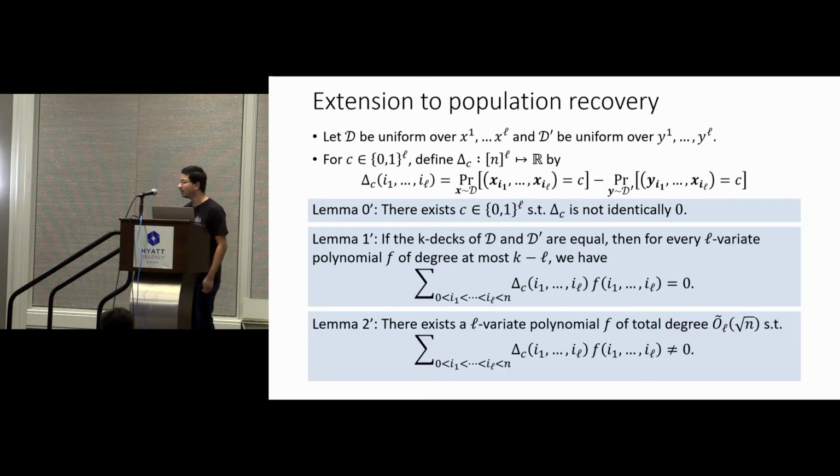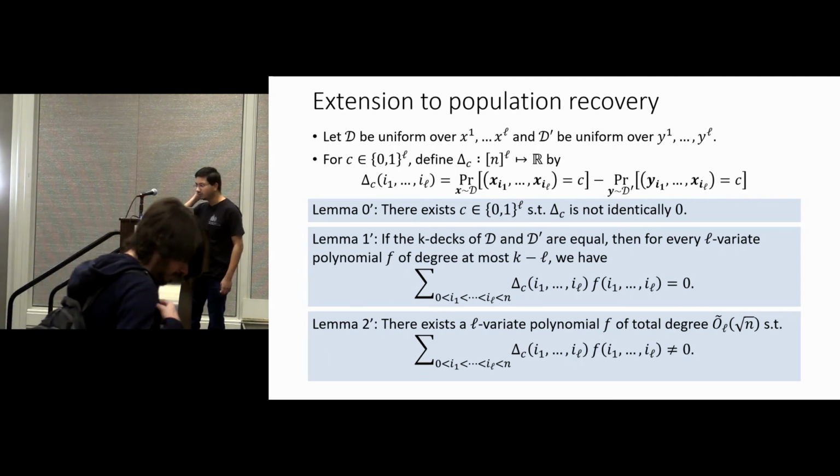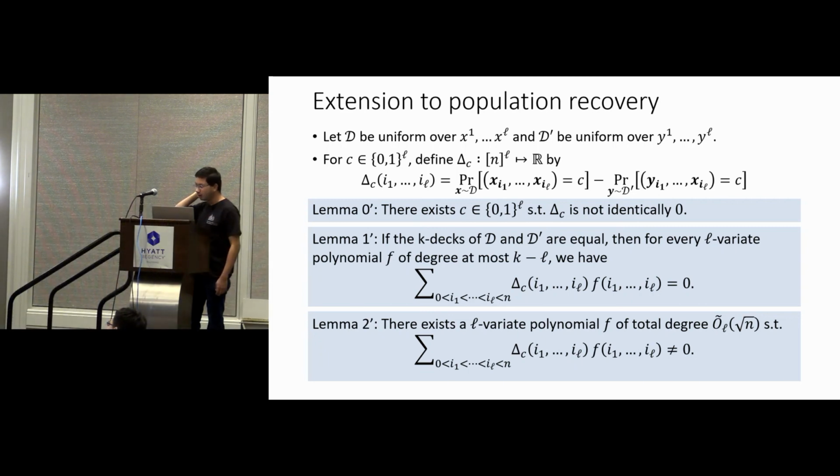On the other hand, there exists an L-variate polynomial of degree about root n, for which this weighted sum is non-zero. The lemma 1 prime is not too hard, by showing a basis for L-variate polynomials, but lemma 2 prime involves significantly new ideas. We'll need to look at the structure of delta C and argue that it attains only a small number of values, and so on, but I won't have time to get into that.